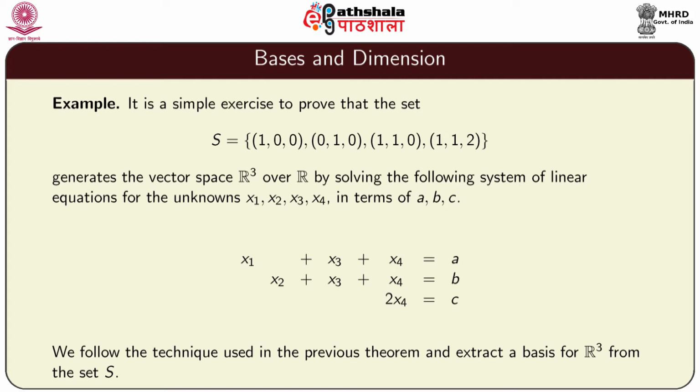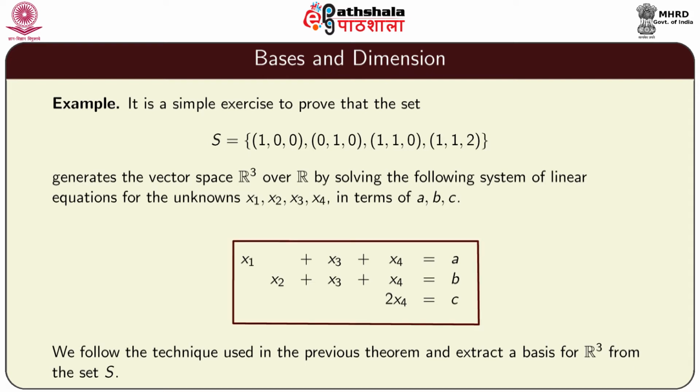So we want (a, b, c) to be equal to x1·(1,0,0) plus x2·(0,1,0) plus x3·(1,1,0) plus x4·(1,1,2), and the simplification gives this system of equations: x1 + x3 + x4 = a, x2 + x3 + x4 = b, and 2x4 = c.